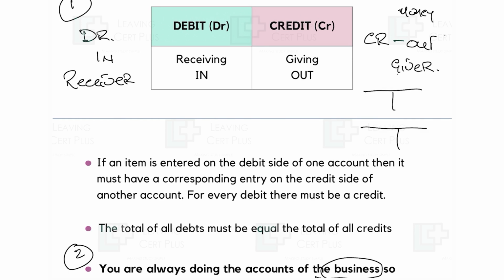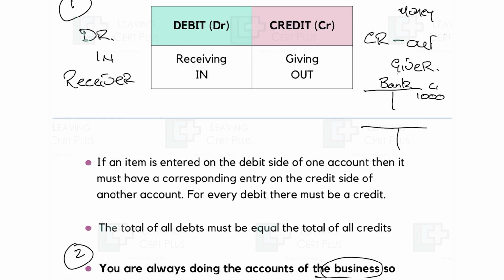Let me take an example. Say that the business paid rent. The business is the giver, so the business is paying. That means the money is going to come out of the bank. Say it's €1,000. You credit the bank. Why? Because the business is giving money. The business will have thousands of accounts, so whatever account it's coming out of, you credit it, and that's bank.